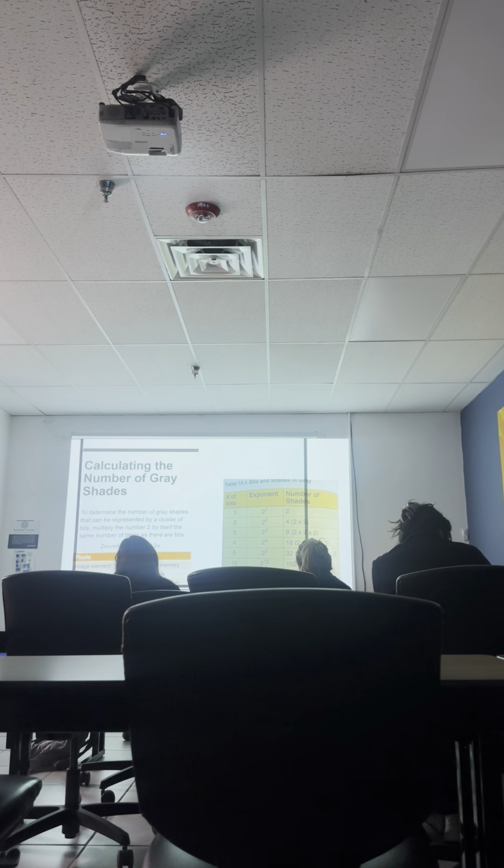Does that make sense? If I tell you what's relative to spatial resolution, you would say pixels. What's relative to contrast resolution? Bits. And what do we want when it comes to bits?